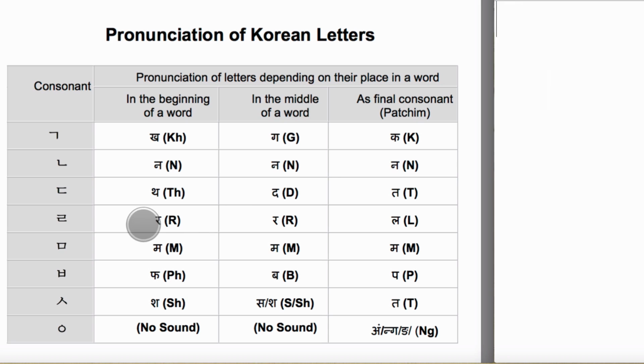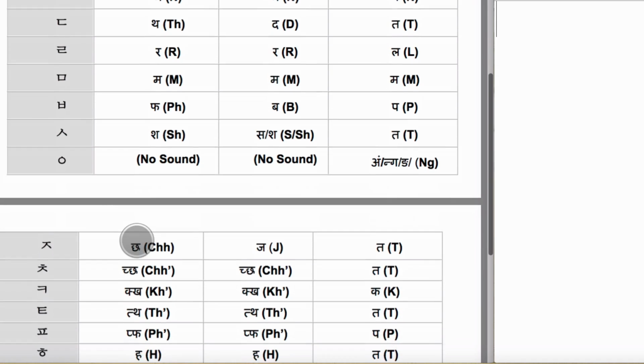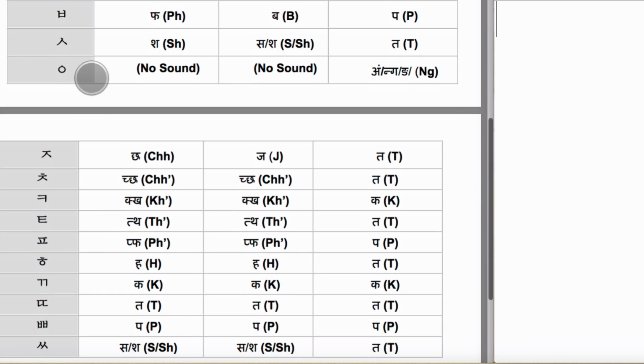Now the next one, Mium. The pronunciation of Mium also remains the same no matter where it comes in the word. It will always be Ma. Now let's take the next letter, it is Piep. Piep will be Pa in the beginning, Ba in the middle, and Pa in the Pachim position.